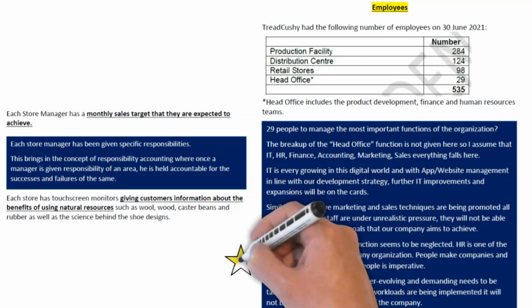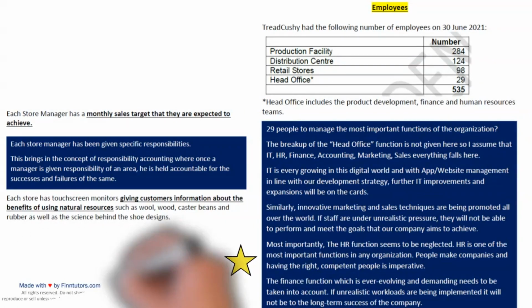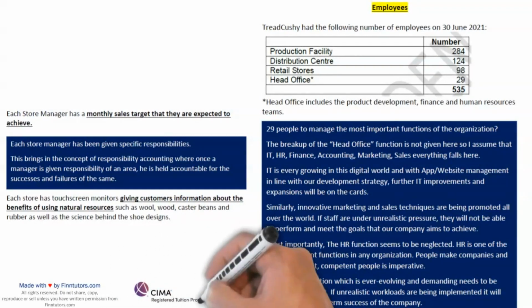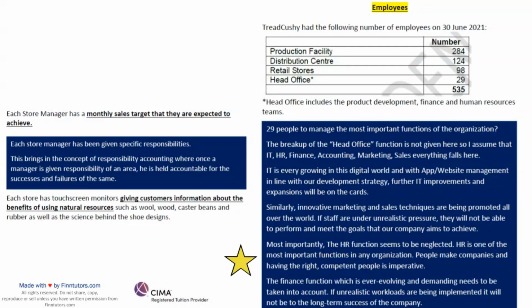This brings in the concept of responsibility accounting, where once a manager is given the responsibility of an area, he is held accountable for the successes and the failures of that area. So responsibility accounting or responsibility management is important.